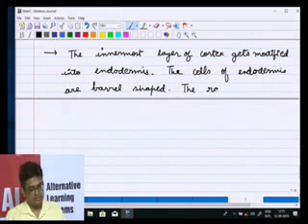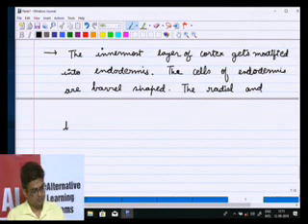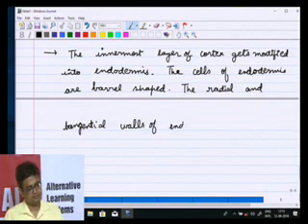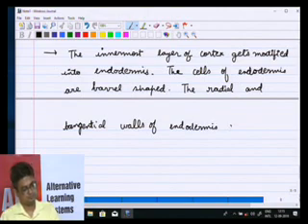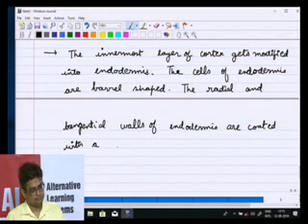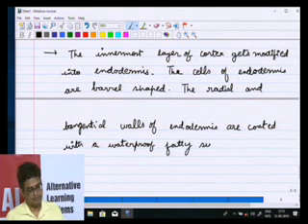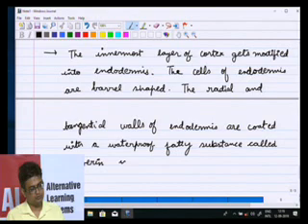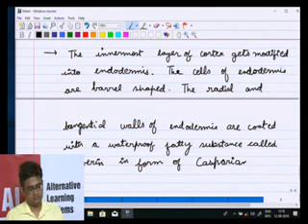The radial and tangential walls of endodermis are coated with a waterproof fatty substance called suberin, in the form of Casparian strips.